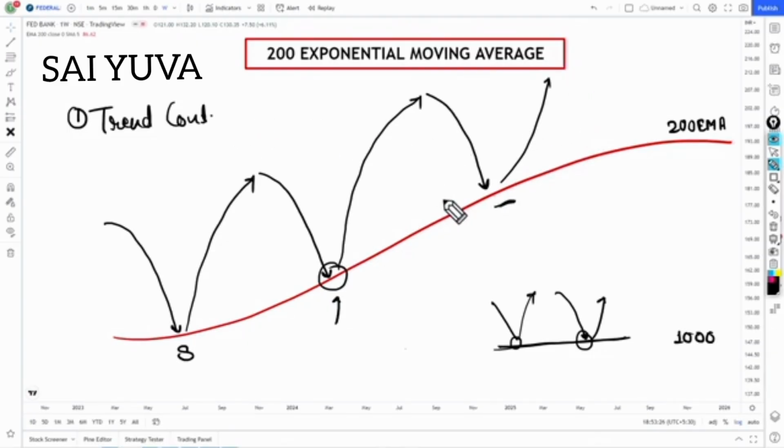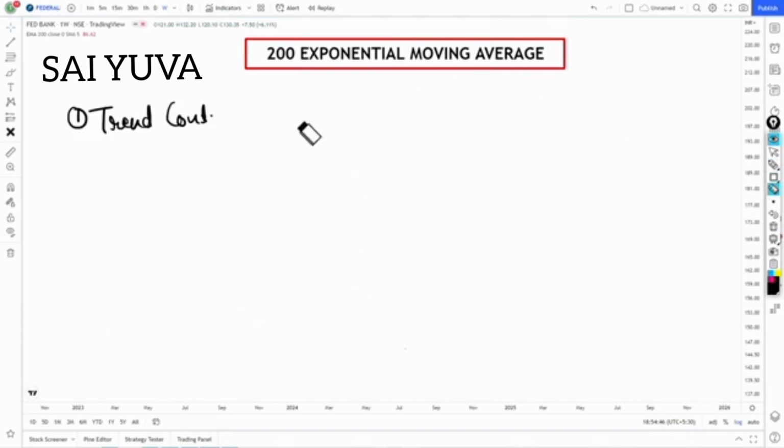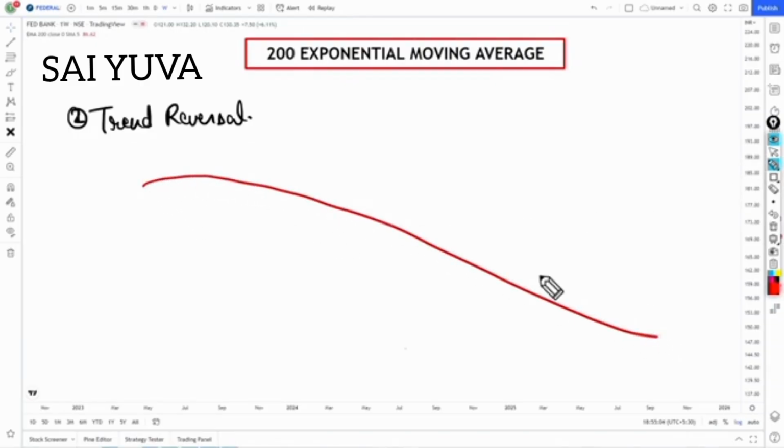When there is mass buying here, there is momentum on the upside, and that we call a trend continuation or a bounce. So whenever the price comes to the 200 moving average, there will be a W pattern here, or we will identify a reversal on a small time frame and try to take a trade with a small stop loss on the upside. This is your trend continuation case.